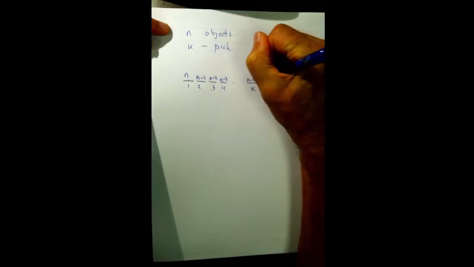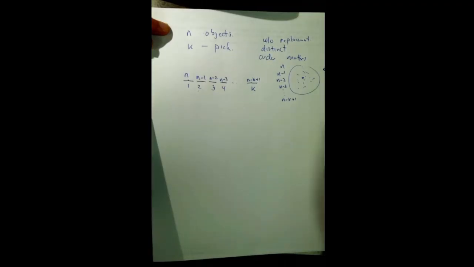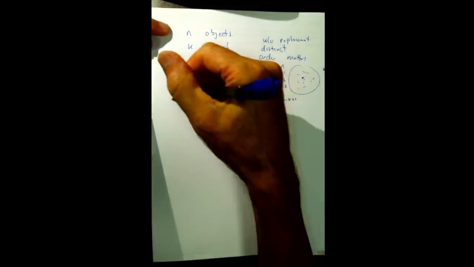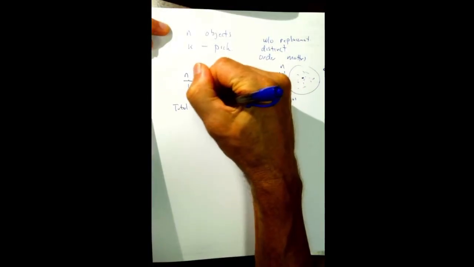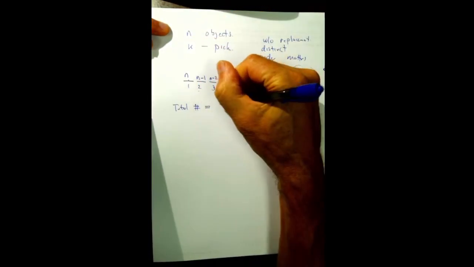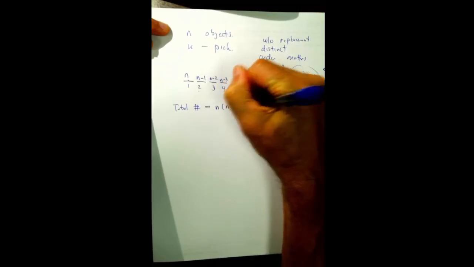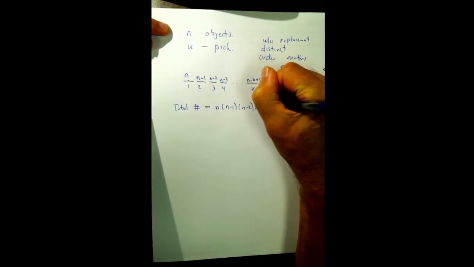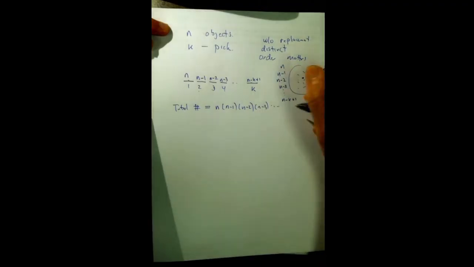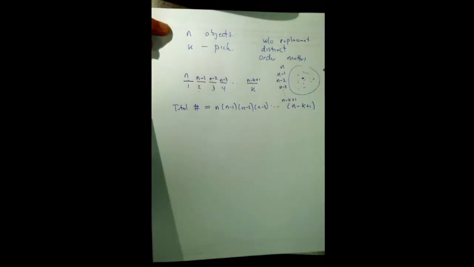So there's n minus k plus 1 options for that kth pick. And now for the total number, I can just multiply those things. So I'm going to get n times n minus 1 times n minus 2 times n minus 3, and I keep doing that until I get down to n minus k plus 1.